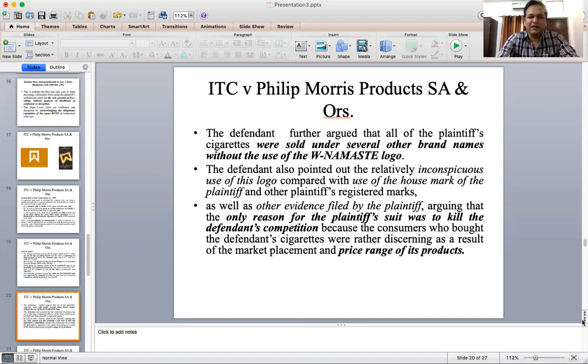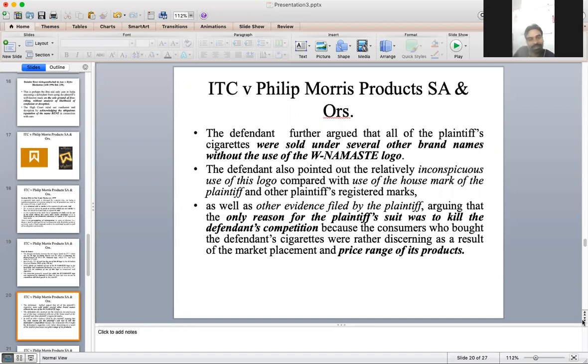They also relied on other evidence filed by the plaintiff, arguing that the only reason the plaintiff brought this suit was to kill the defendant's competition. Because both are in the cigarette business, and one is using a mark that may have a certain reputation, if they are not deriving that much advantage, then ITC was against Philip Morris.